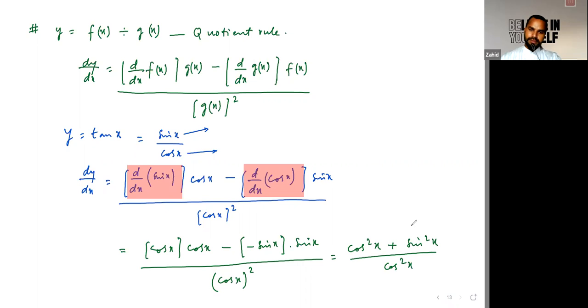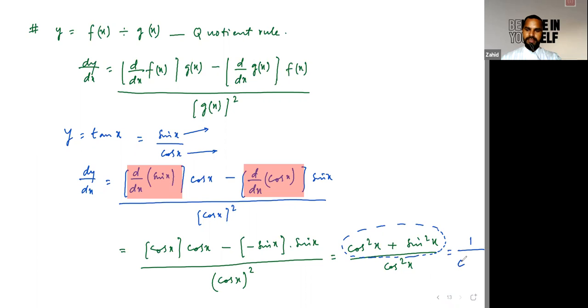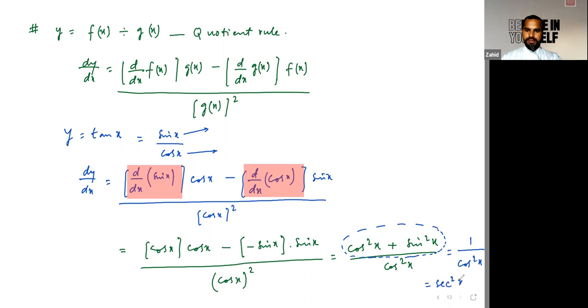In this expression, you have this numerator, which may be further reduced. Alan? 1. Good. So it will be equal to 1 divided by cos square x. 1 over cos is sec, so it will be sec square x as the differentiation of tan x.